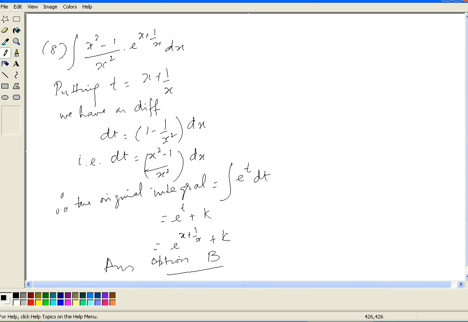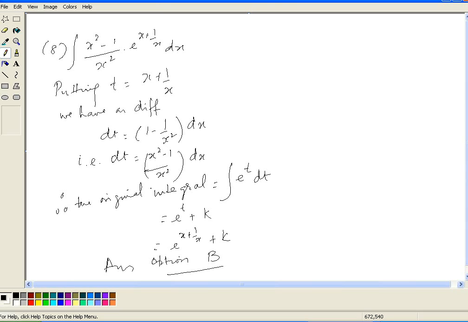The original integral will be equal to the integral, substituting x plus 1 by x as t, so e power t, and x squared minus 1 by x squared into dx as dt. So we get integral of e power t dt is e power t plus k, and substituting the original value for t as x plus 1 by x, we have e power x plus 1 by x plus k.